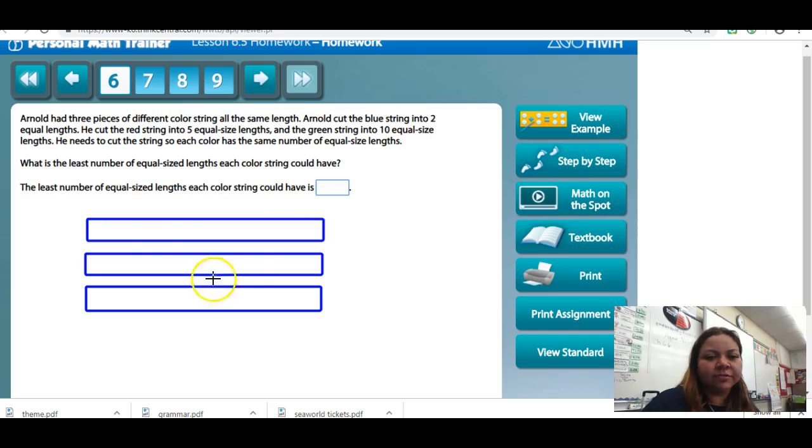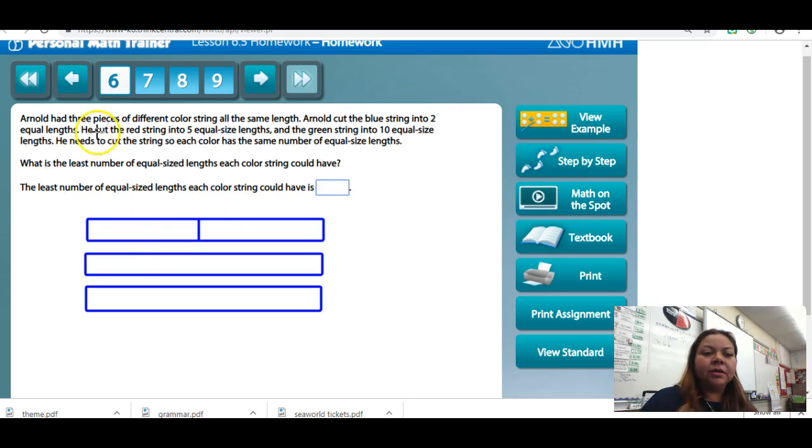I should have done these different colors, but 1, 2, 3. Okay, so it's 3 strings. My first string, it says Arnold cut the blue string into 2 equal lengths. So that means that my string is cut in half, right? So I'm going to divide my first string in half.